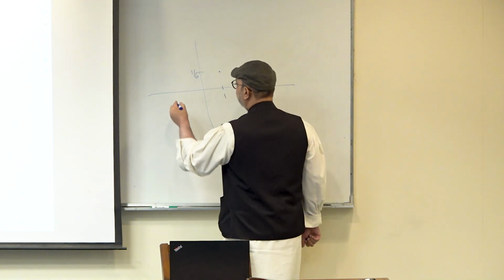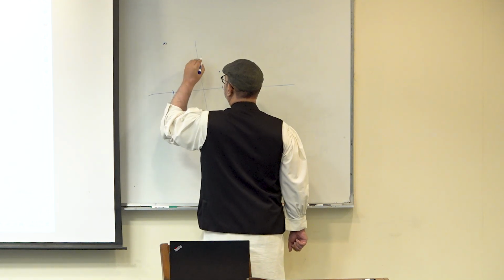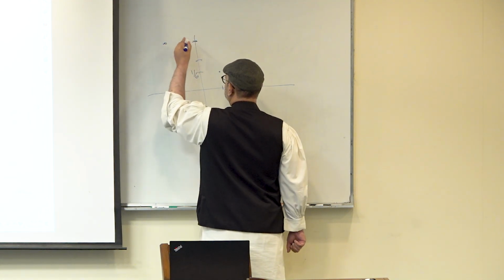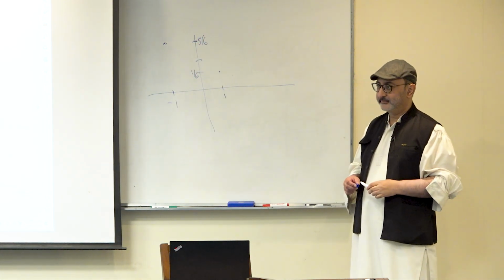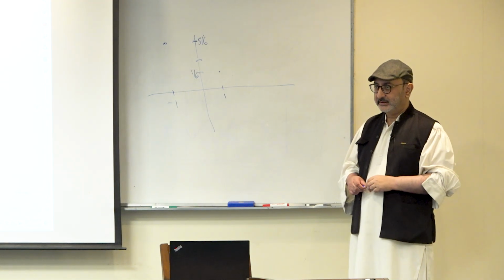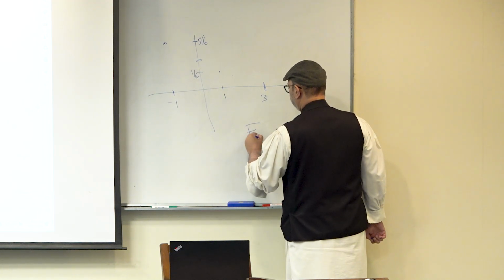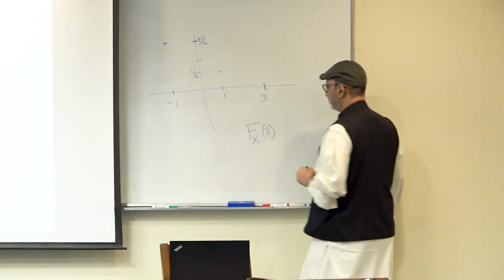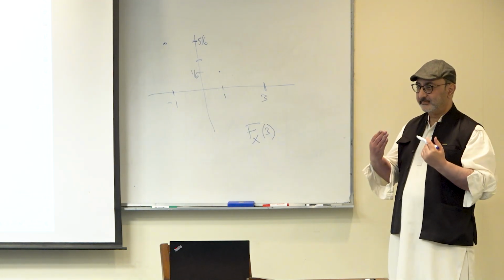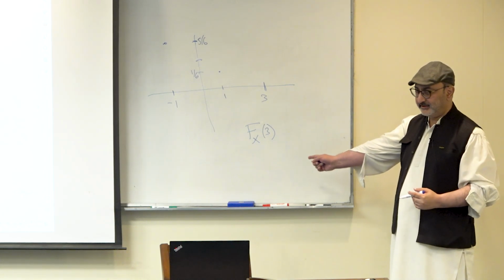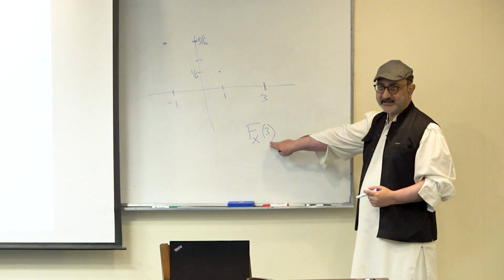The probability that x was equal to minus 1, somewhere here, was 5/6. Okay? Now what if I ask you F sub x of 3? Okay, right. So what capital F sub x of 3 means is the cumulative probability, the probability that x is less than or equal to 3, right?